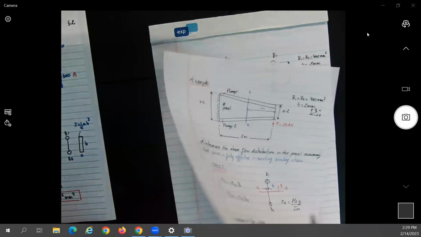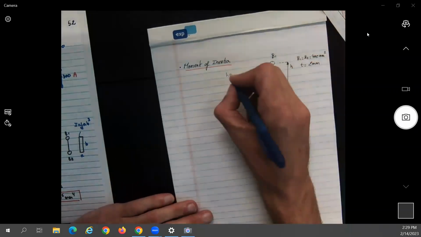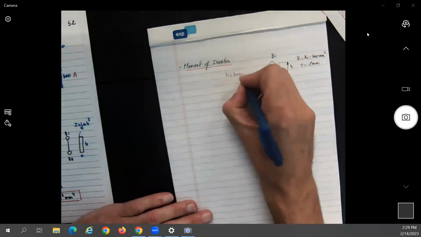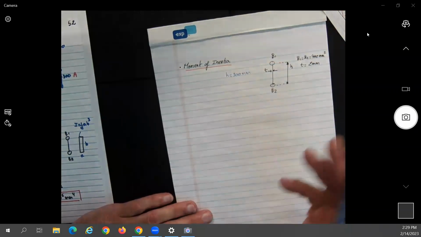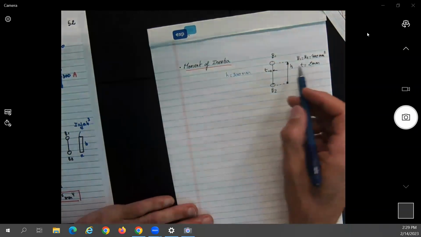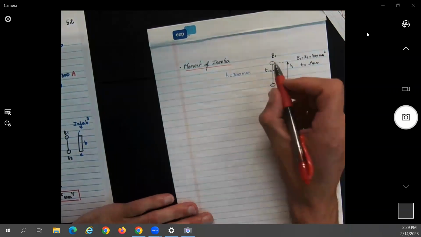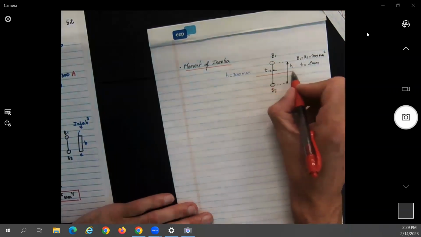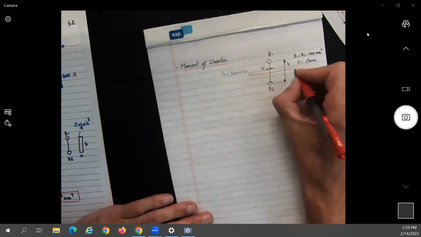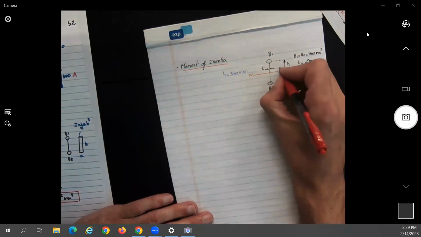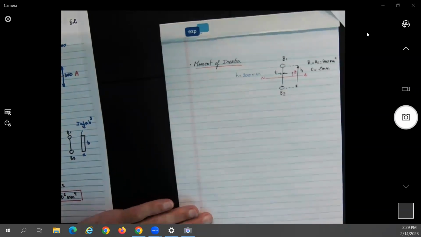It should be 300, so H equals 300 millimeters, or 0.3 meters. But since everything is in millimeters, I want to change that. Again, we can say that our neutral axis from the figure before will be right in the middle, and from here we are going to calculate dy.